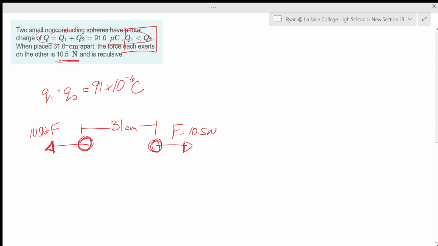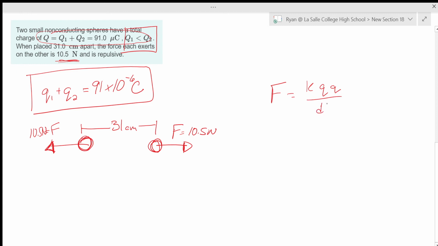Okay, so this is one equation with two unknowns, so I need another equation. Well, that equation happens to be Coulomb's law. Right, there's my equation. So I know there's a force of 10.5 newtons. I know it comes from 9 times 10 to the 9th.